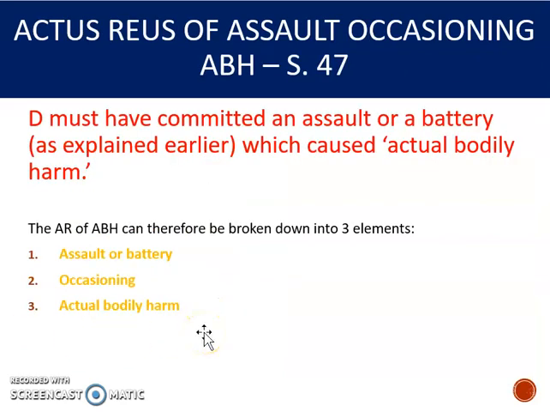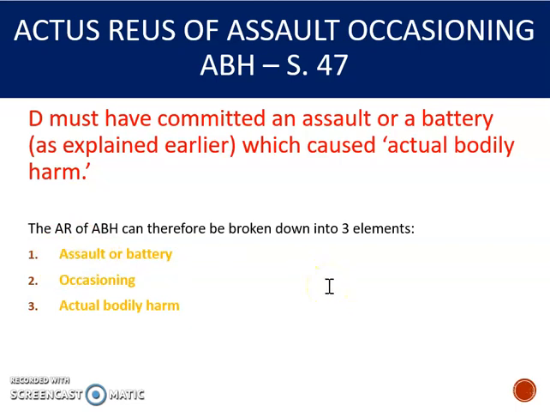So you can see then how an assault or battery can cause actual bodily harm. Equally, to give you an example of how an assault could lead to ABH, an assault we know is just making the victim scared that force is going to be used against them.